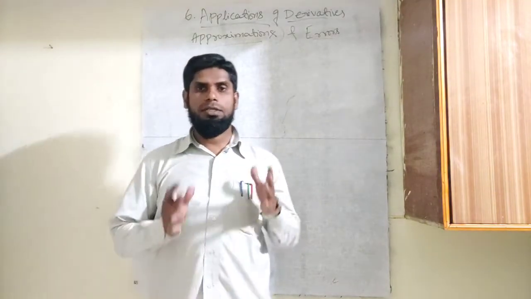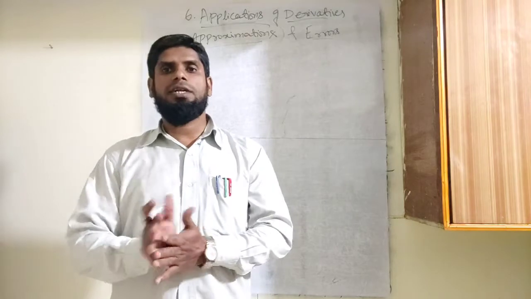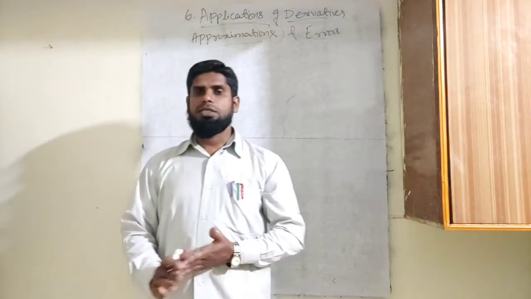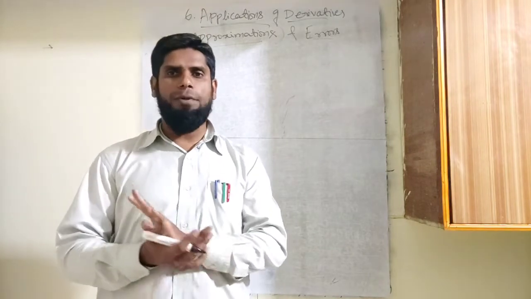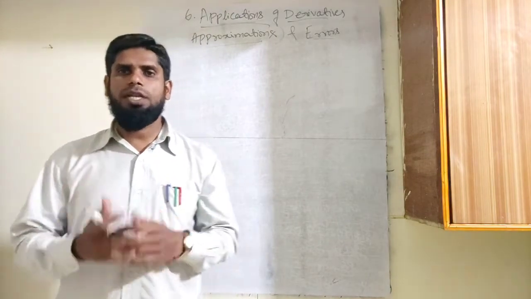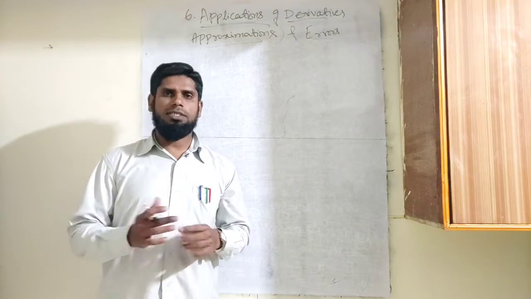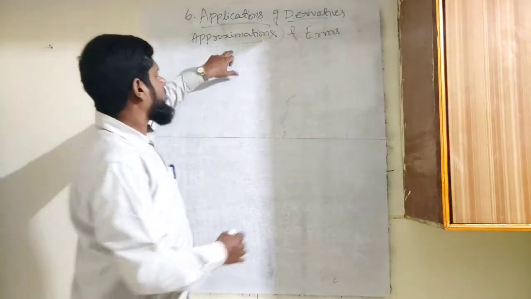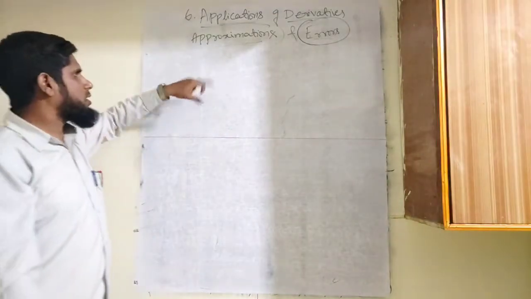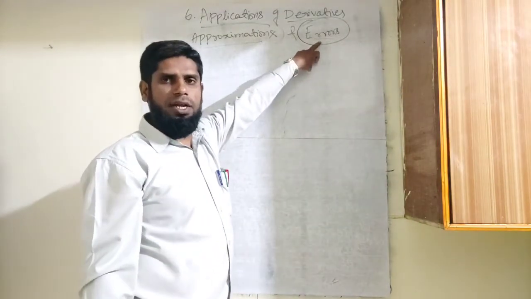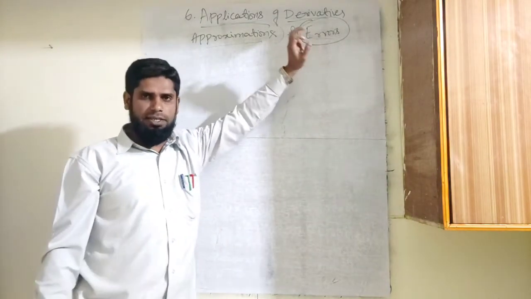Student, this is about the problem based on approximations. Similar problems you will get, and I hope you understood the concepts of approximations. Now students, let us move on to the next concept of the same topic called errors. As I already discussed, there are two kinds of error: one is relative error, the other is percentage error.